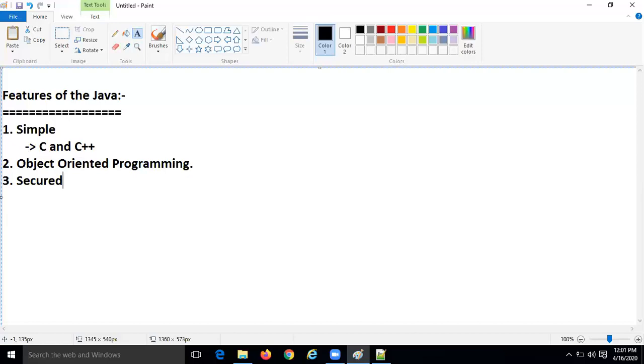Wherever you require security, Java technology is used, like money transactions, authentication, and authorization. So in these places, Java should be used. So Java is a pure secured language, but not a pure object oriented language.